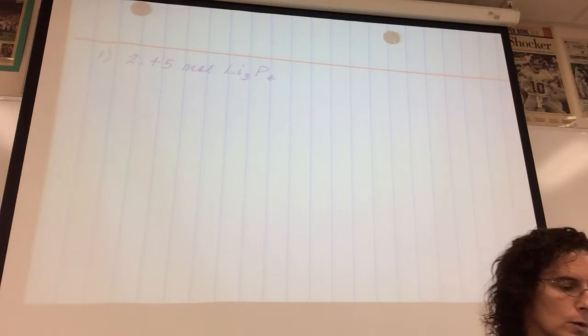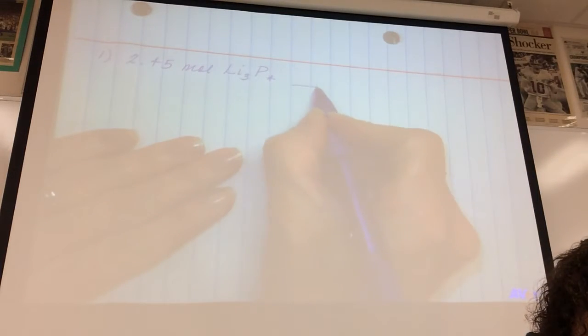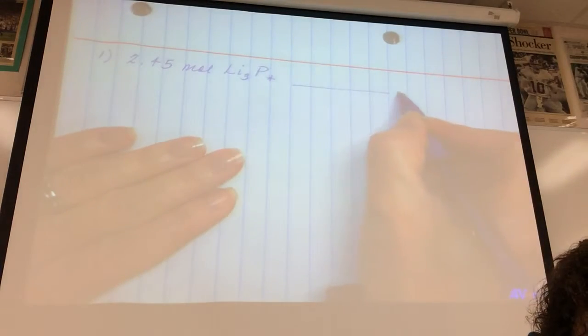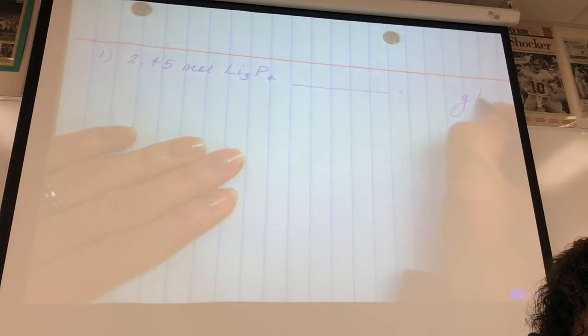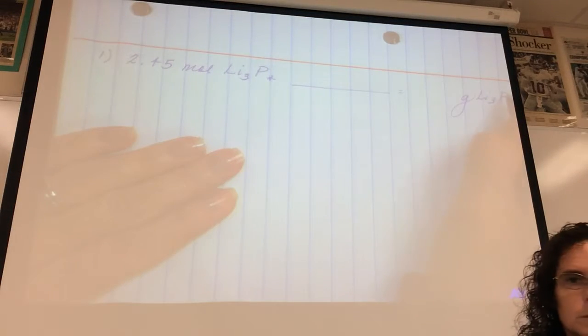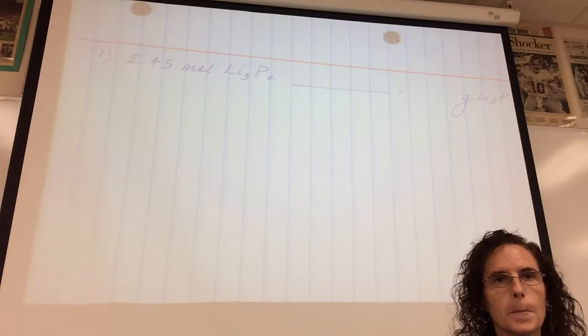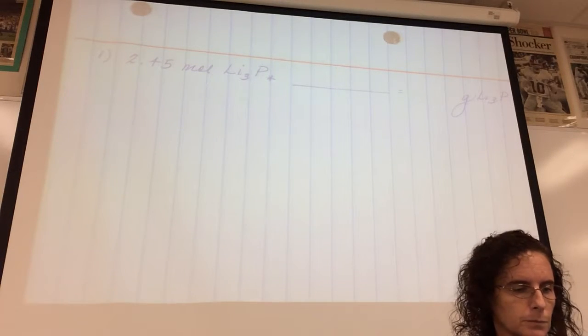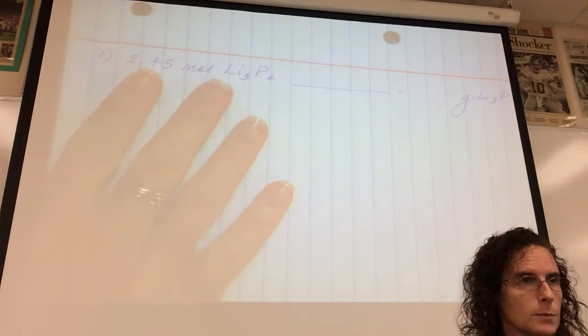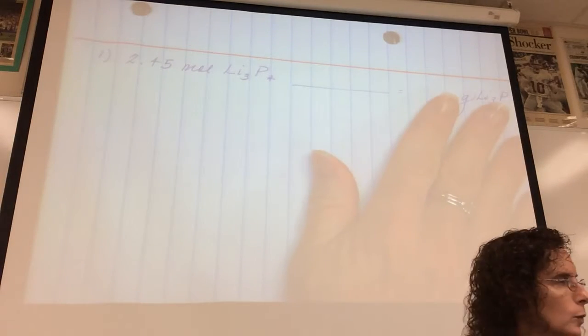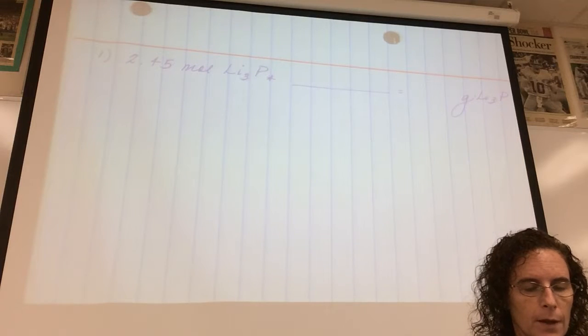And we want to know the mass in grams. So just like we set up the other day, my given is what I'm starting with, my unknown is what I'm trying to figure out.